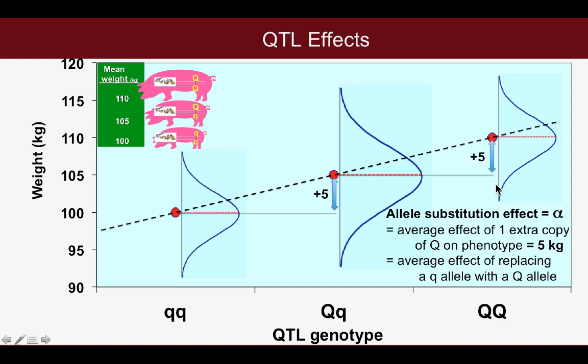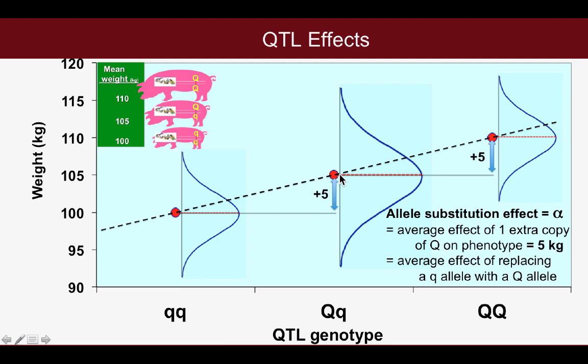And big Q individuals also have on average 5 kilograms higher weight than big Q little q individuals. So on average, one copy of the big Q allele increases weight by 5 kilograms. Now in this specific example, the average weight of the heterozygous individuals is exactly at the midpoint of the two homozygotes, and this makes this QTL additive.